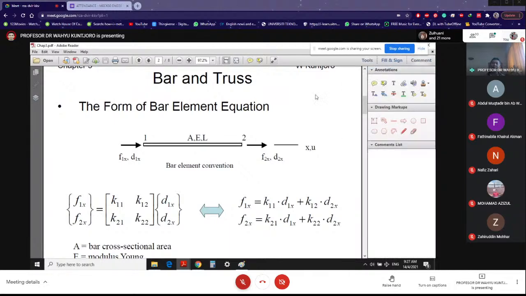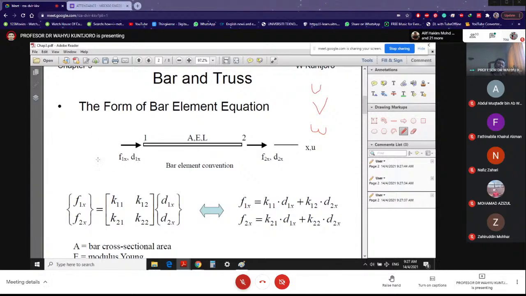Displacement at X, I call it U. Displacement at Y, I call it V. And displacement at Z direction, I call it W. So displacement in X direction, I call it U. From here also, whatever we do is on the X direction.